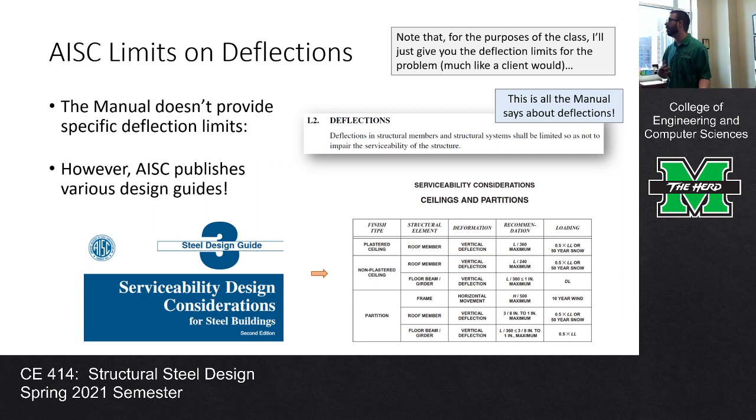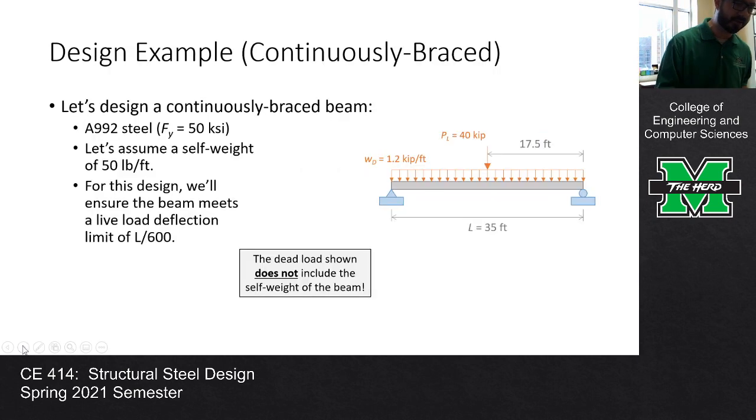In practice, one of two things will happen: either the client is going to spec that out to you, or maybe the architect will, if you're the structural engineer subbing to the architect. If not, you're probably just going to go off of something like this anyway. So the limits we'll use will be of that same flavor, so that you're aware of that when you go into the field.